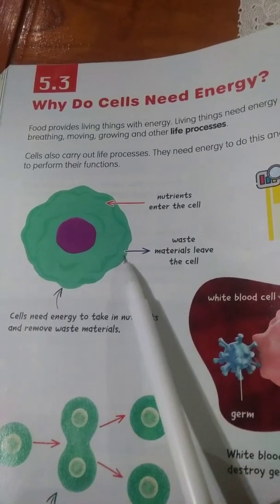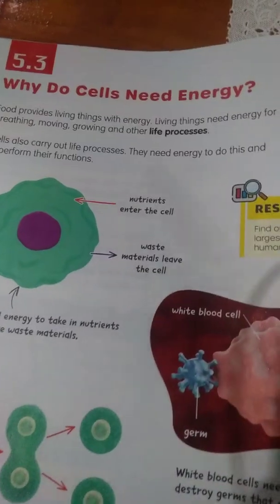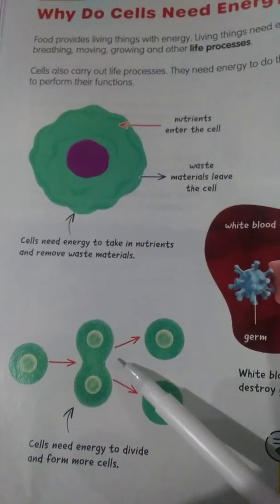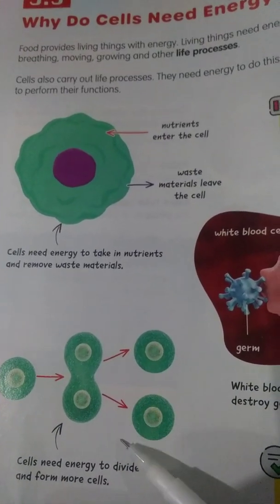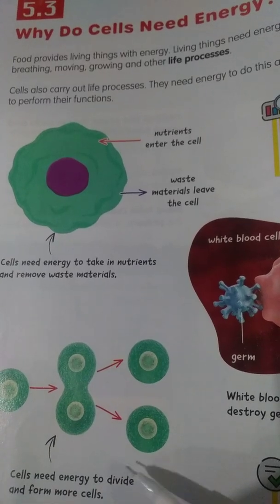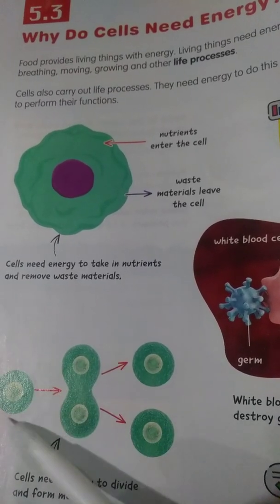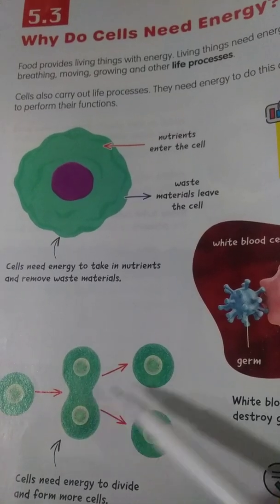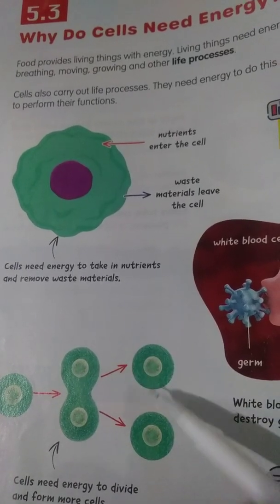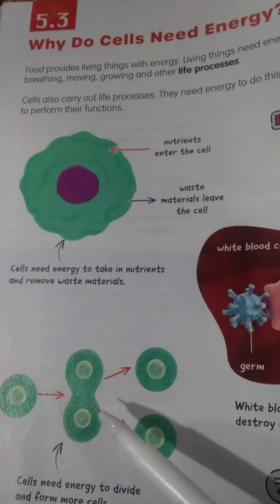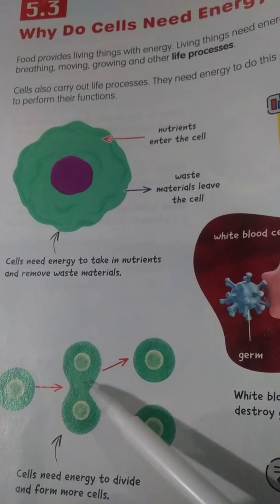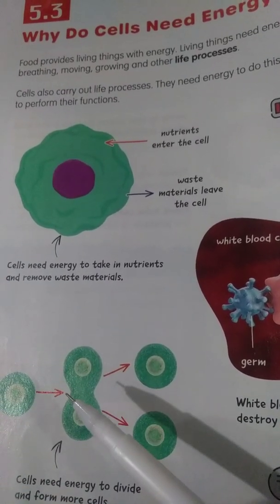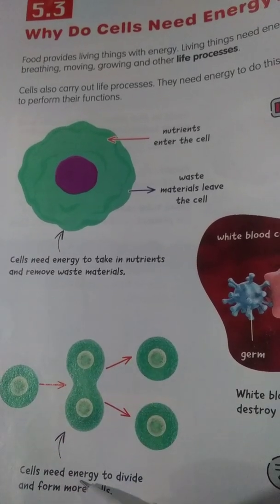And then the second function to form more cells, to divide to form more cells. Jadi ternyata sel itu melakukan cell division, pembelahan sel. 1 become 2 become 4, begitu seterusnya. Nah, to do cell division, untuk melakukan pembelahan sel ini, they need the energy.